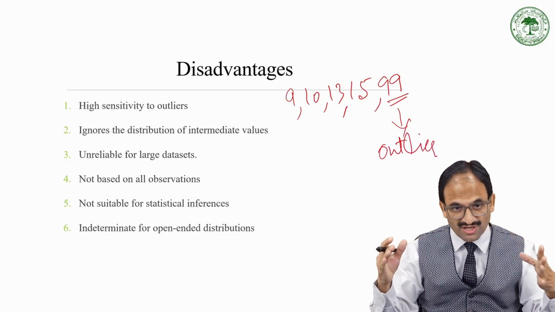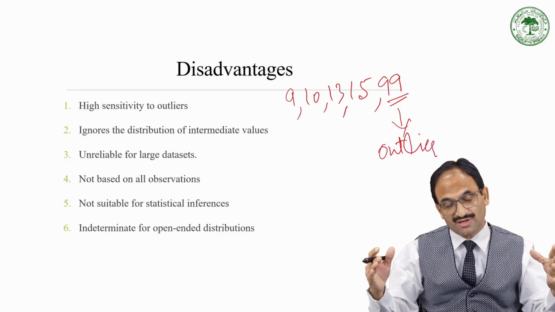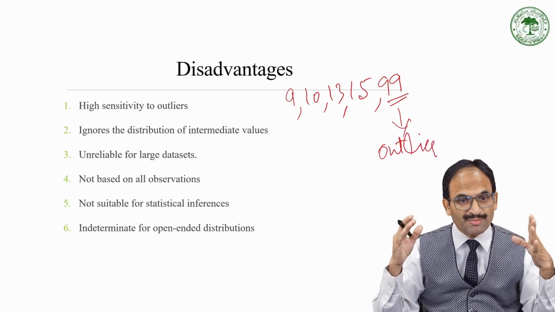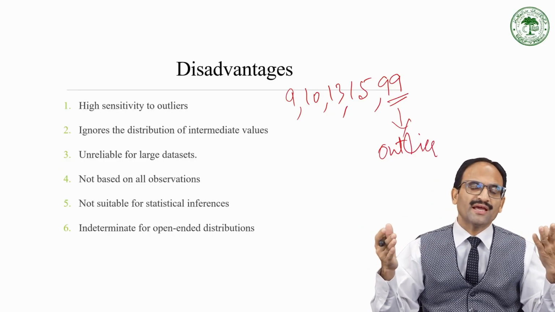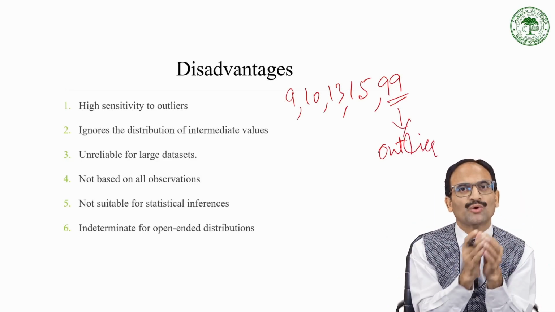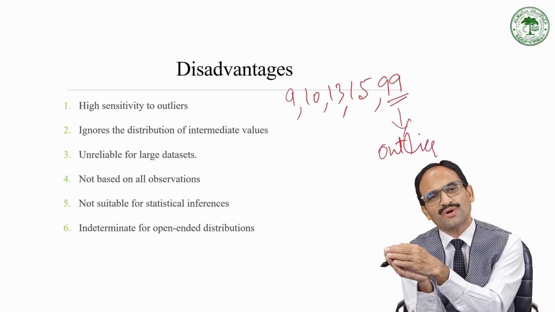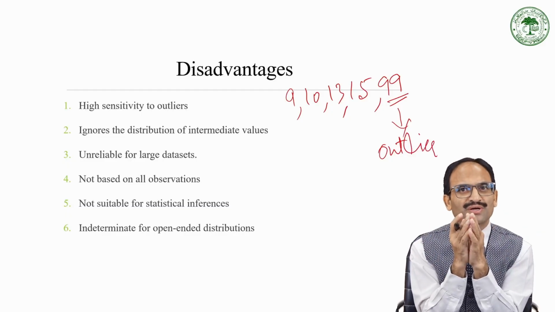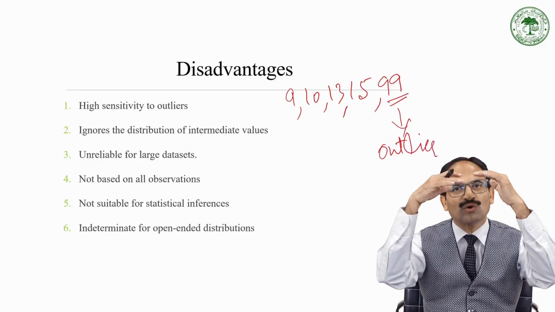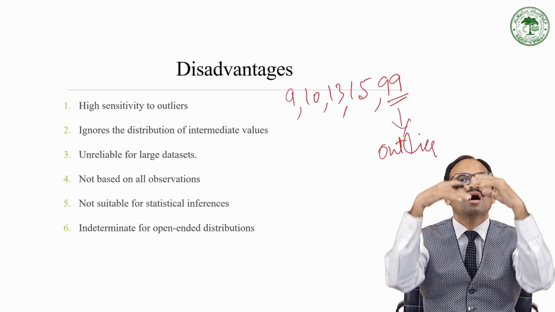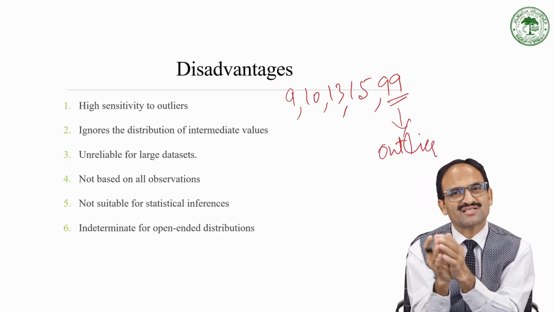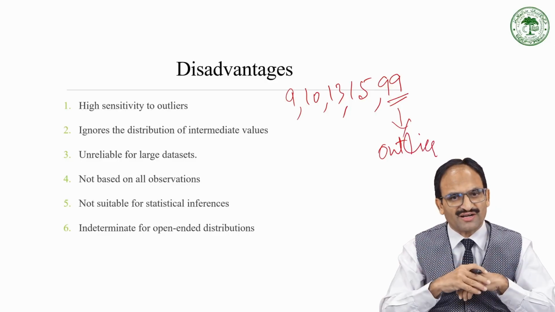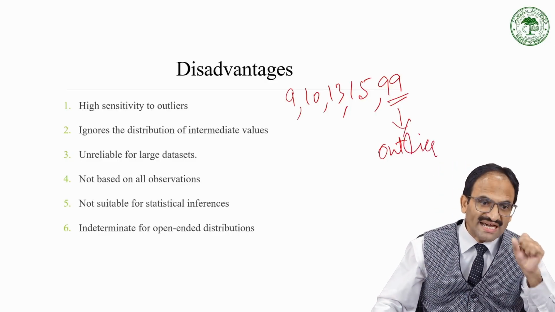This is one of the most important disadvantages of range, that it is not based on all observations, simply meaning it is more concerned with the lowest score and the highest score, and ignores the rest of the scores. So instead of taking into account all the observations, it's more concerned with the lowest and highest score. This is the fourth disadvantage of range.